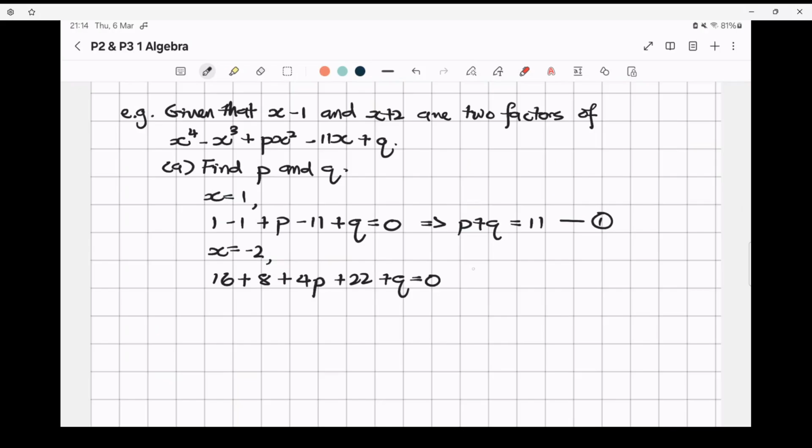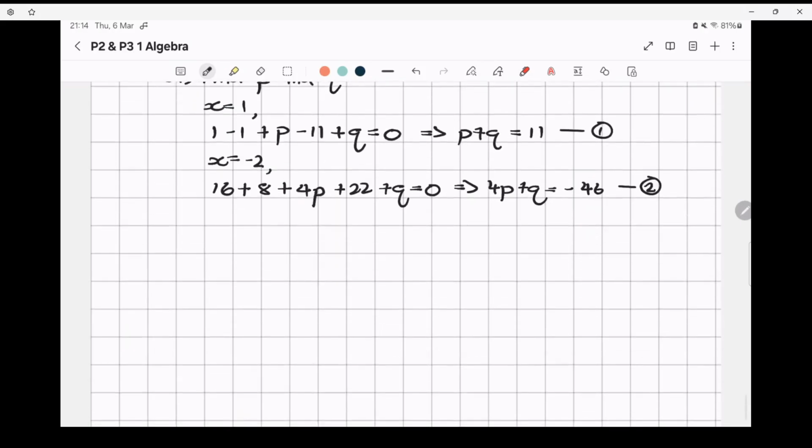So this means that 4p plus q equals minus 46. That is equation 2. So you have a simultaneous equation.